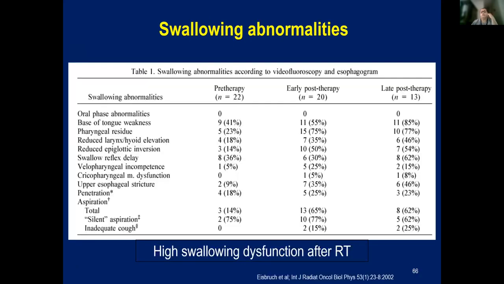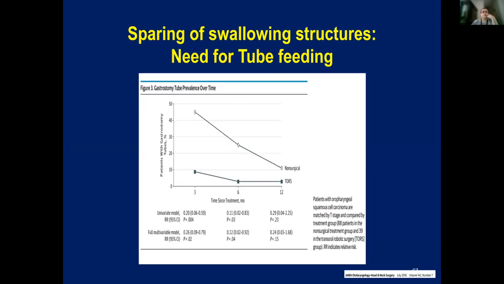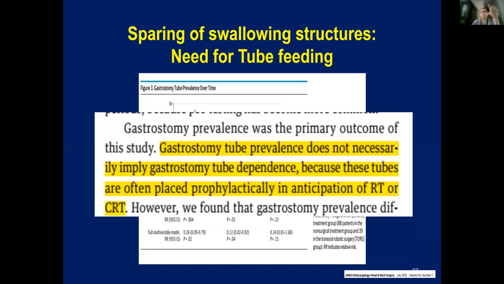Now, what are the various aspects of the DARS structures that are affected? Practically all aspects of the swallowing mechanism are affected after radiotherapy. And we should remember that even after TORS, there is a sizable group of patients that may develop swallowing dysfunction, and that could be attributed not only to the surgery, but also to the need for adjuvant therapy post-surgery.